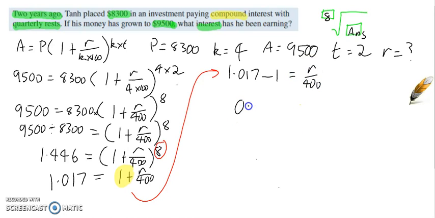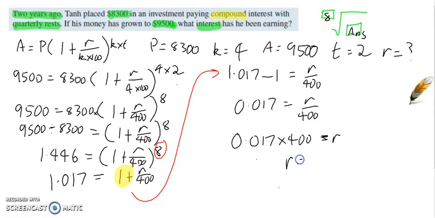So I end up with 0.017 is r over 400. Now, it's r divided by 400, so I again will do the opposite. So I'm going to multiply by 400. So if we do all that, we should end up with 6.8%.